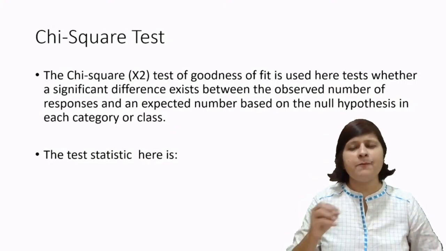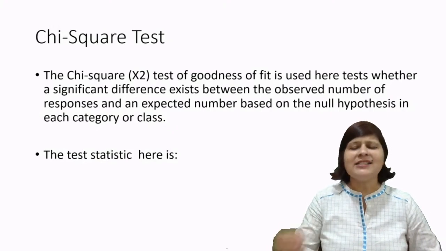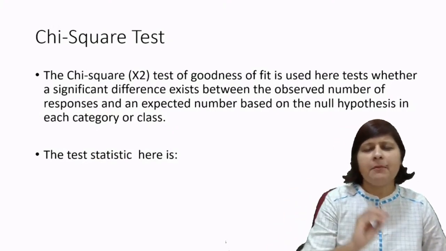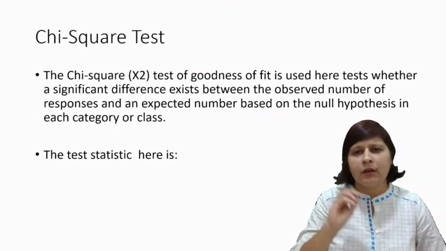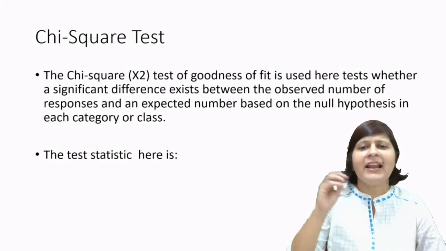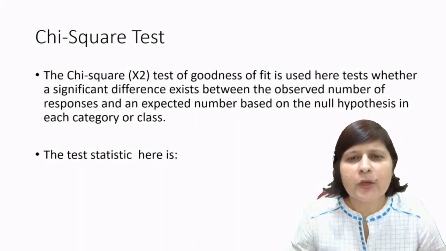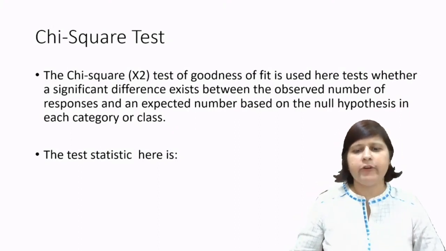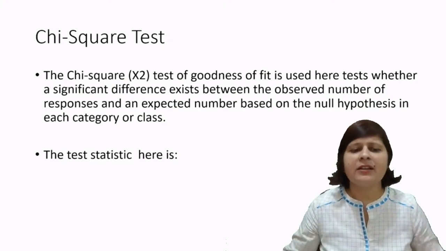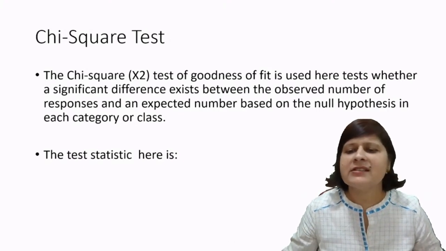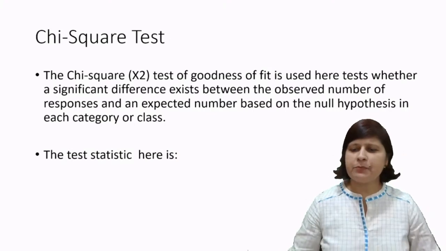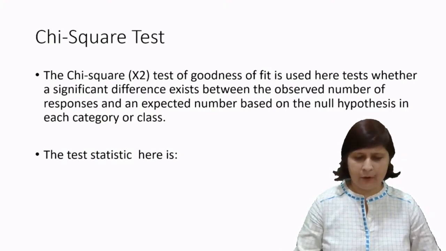Now we want the observed value. When we ask people whether they like A, B or C, the numbers which come out after collecting the data are known as the observed values. So goodness of fit is used to test whether a significant difference exists between the observed number of responses and the expected, depending on the null hypothesis.